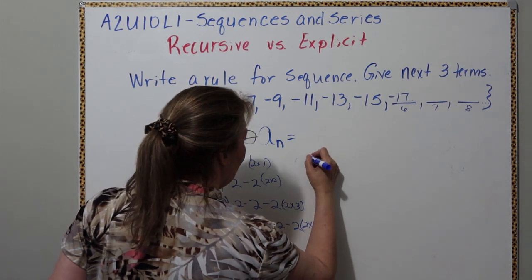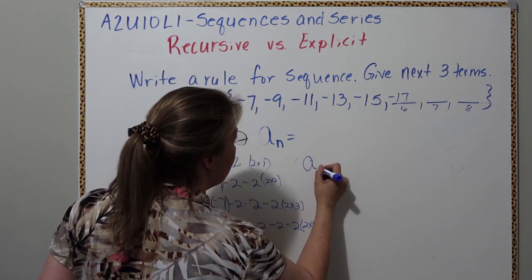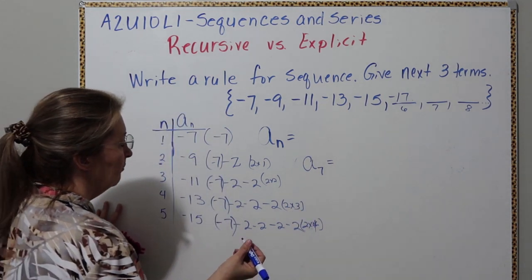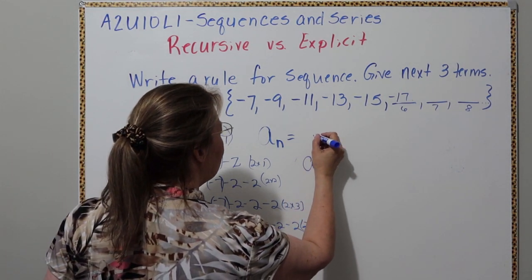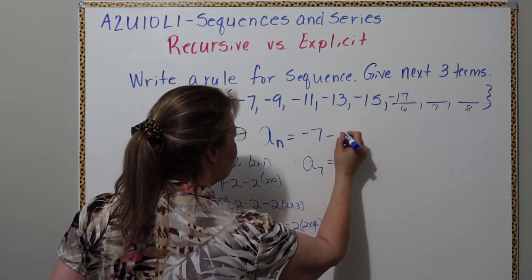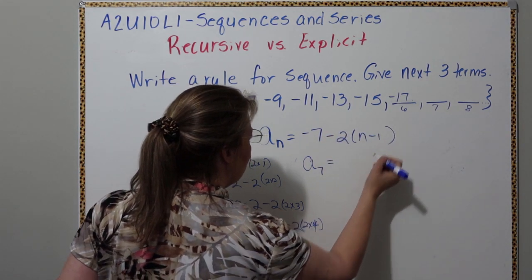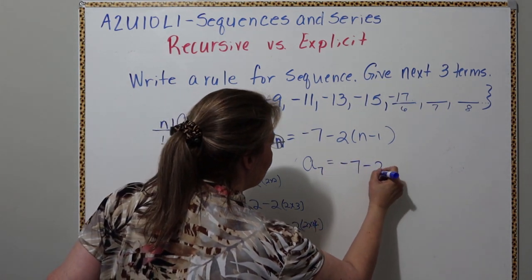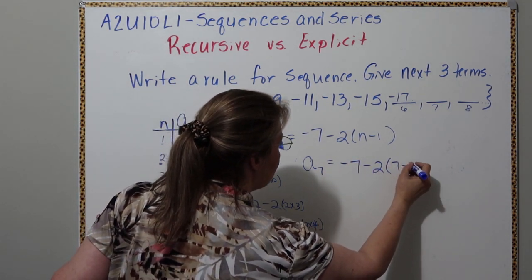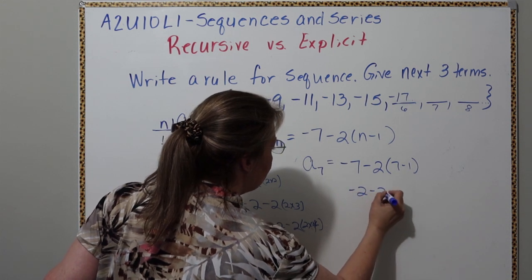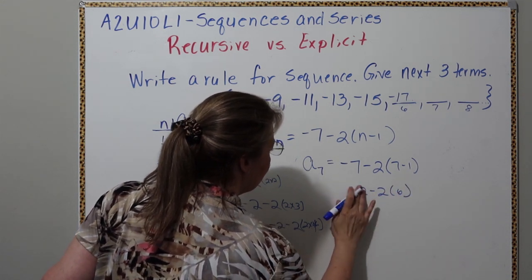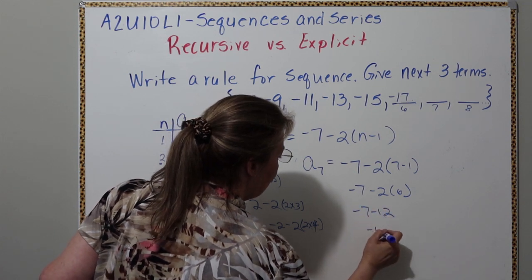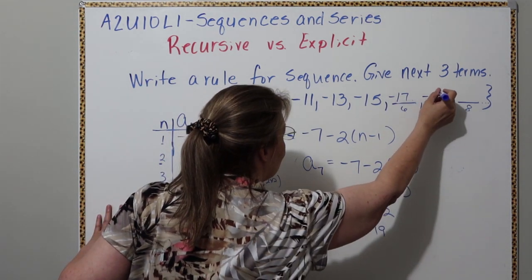Let's say I want to find A7, and I shouldn't have erased my formula. So let me see if I can remember. It was -7 minus 2 times n minus 1. So for 7, I'm going to have -7 minus 2 times 7 minus 1, -7 minus 2 times 6. -7 minus 12 is -19.